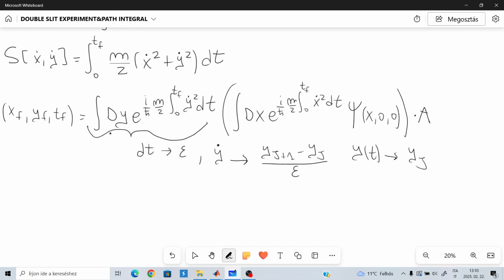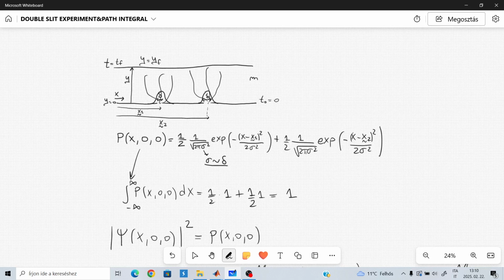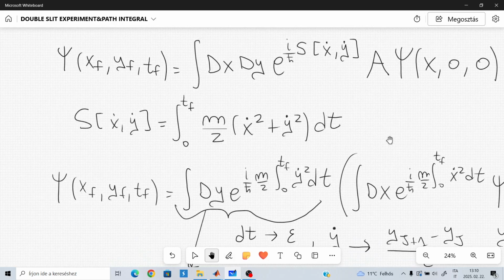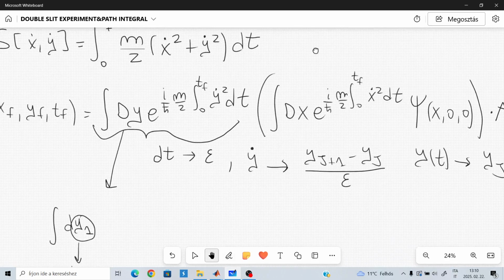And therefore, the integral over y, let me write it down, we have something like this. We have the integral over dy1, and this y1 will be close to y0. Y0 is 0, if you recall, so we can think that here on the plate, the coordinate y is equal to y0, which is equal to 0. And to be more general, I can say that y1 is very close to 0. It's the starting point of the integration.